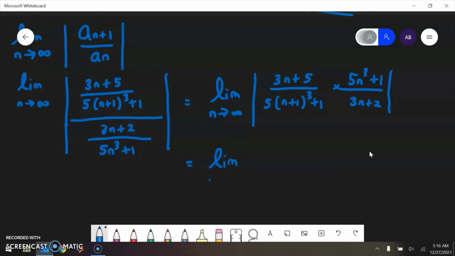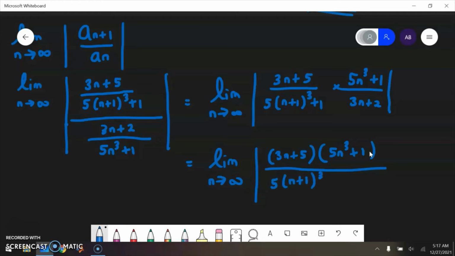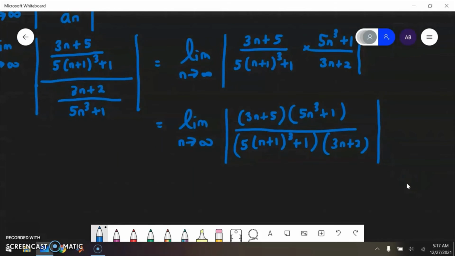Let me write it down: (3n plus 5)(5n cubed plus 1) over (5(n+1) cubed plus 1)(3n plus 2). You can see that we have terms involving n cubed.